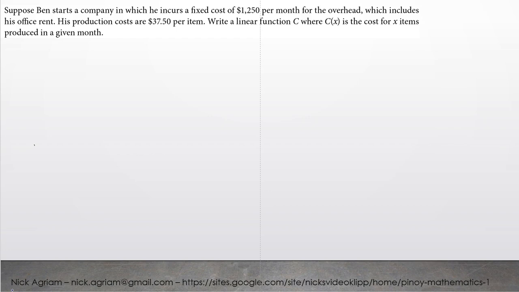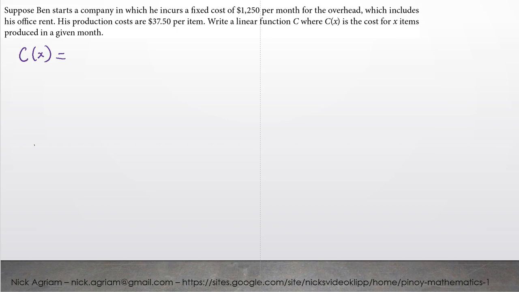As you can see here, C of x. Sometimes it is very important that you write your function according to what you are looking for. For example, for cost, it is better to write C of x, not y. If you are looking for income, then you write I of x. When you're looking for volume, it is good to have V of x.